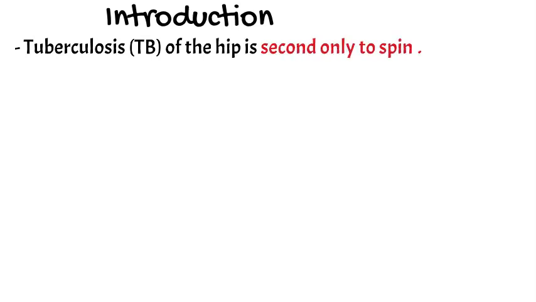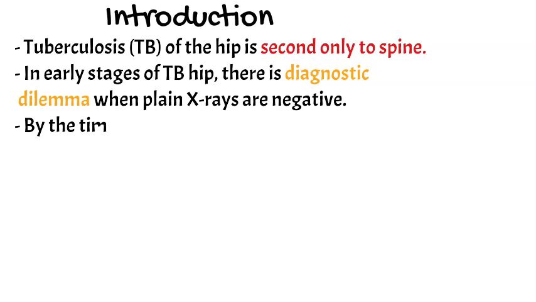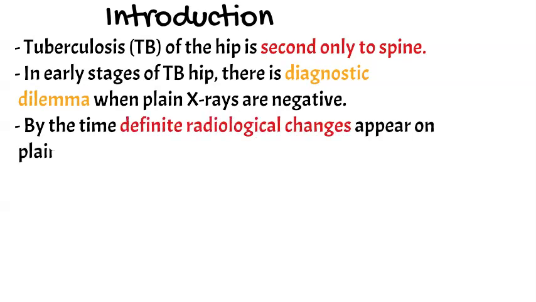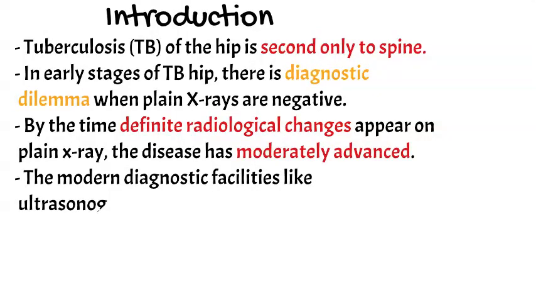As an introduction, tuberculosis of the hip is second only to spine. In early stages of TB hip, there is a diagnostic dilemma when plain X-rays are negative. By the time definite radiological changes appear on plain X-ray, the disease has moderately advanced.